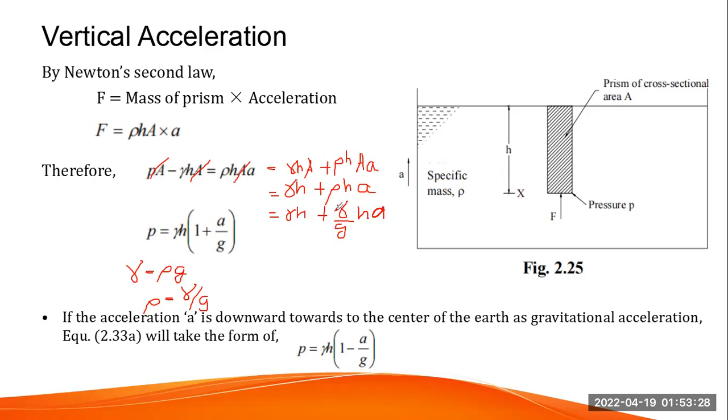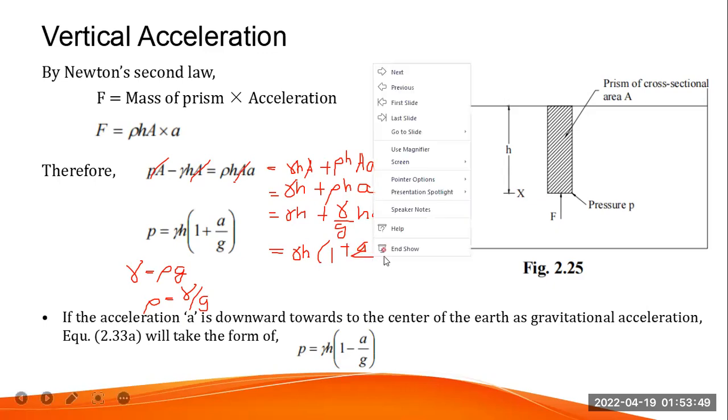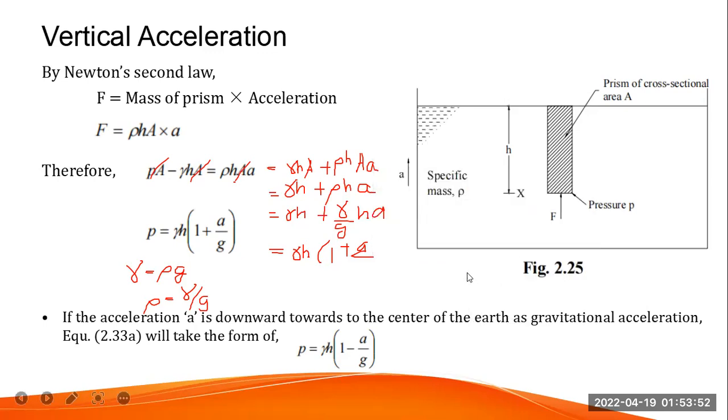And then, ilabas natin itong value na ito or mga variables. So, magiging unit weight times height, open parenthesis, 1 plus acceleration over gravity.